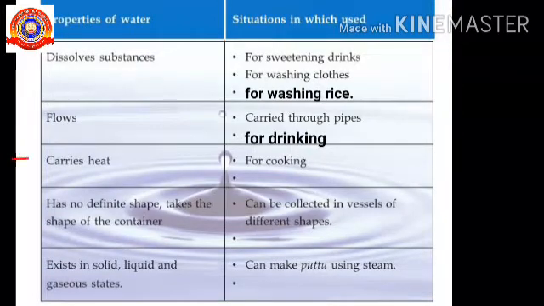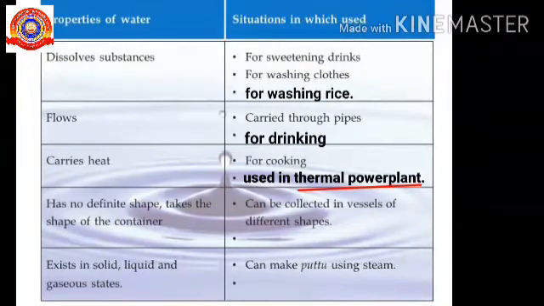Third property, water carries heat. So, water is used for cooking. Another point we can write is, in thermal power plants, we make use of this property of water. Thermal power plant means with the help of hot steam, we can make electricity. Such power stations are called thermal power stations.